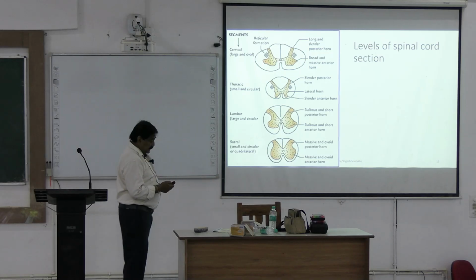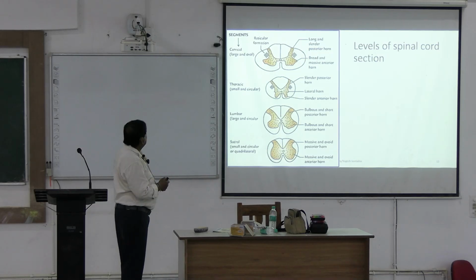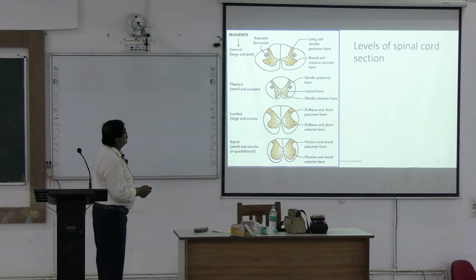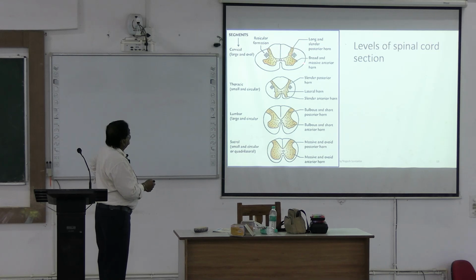Now, levels of the spinal cord section. Cervical: large and oval, with a well-developed reticular formation, and a broad and massive anterior horn.